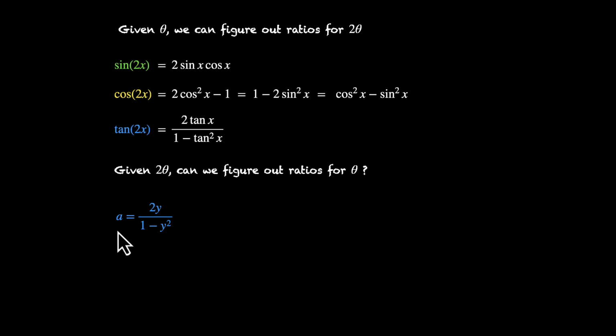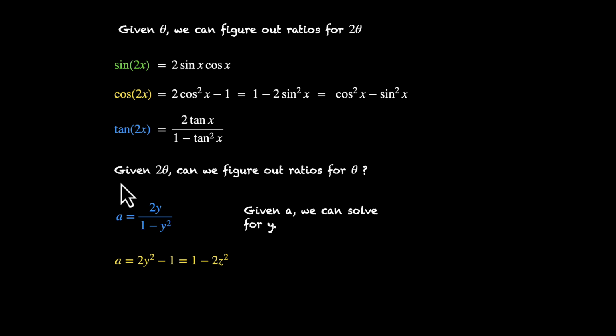So if we know A, can we figure out y? Think about it. Yes, we can, because given A, we can rearrange this and this will become a quadratic. We can solve the quadratic for y. So what this means is we can do this in reverse for tan 2x. If you know the value of tan 2x, we can use this identity in reverse. It's just that it'll take us a little longer because it's going to be a quadratic.